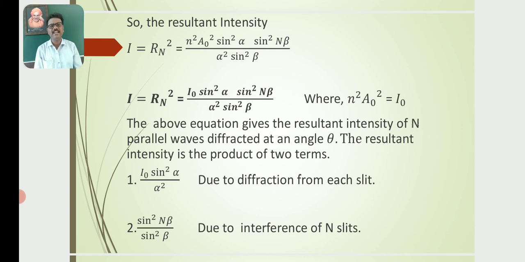So finally, the expression for our intensity I is equal to Rn square, which is equal to I naught sin square alpha sin square n beta by alpha square sin square beta, where n square a naught square is taken as I naught.